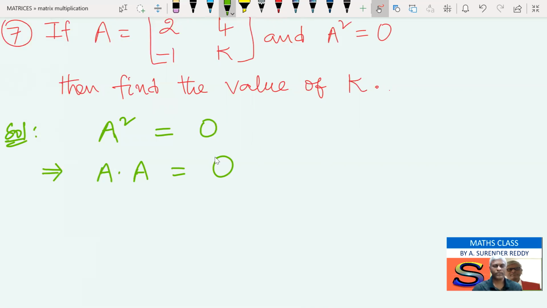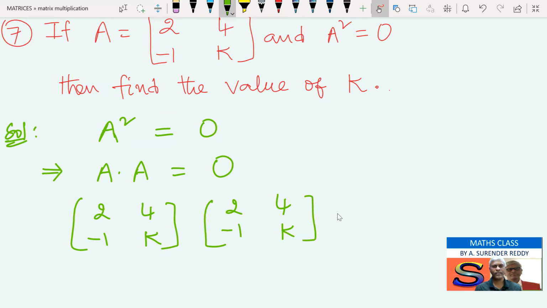Now substitute the A, replace the A with the given matrix [2, 4; minus 1, k] into [2, 4; minus 1, k]. This is 0 matrix, [0, 0; 0, 0]. So the O is the 0 matrix.